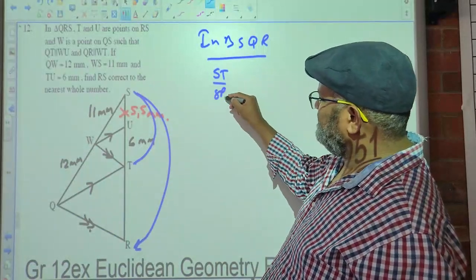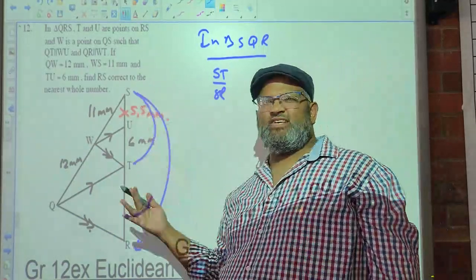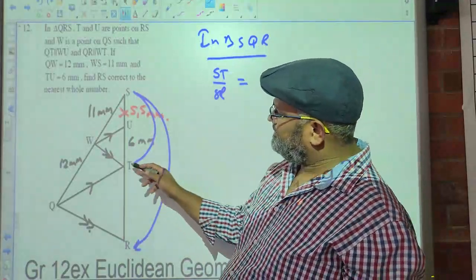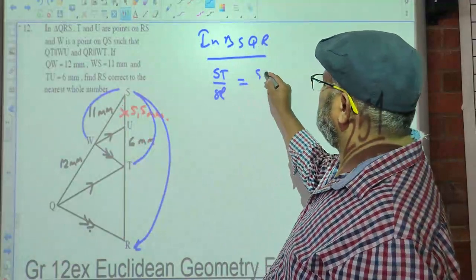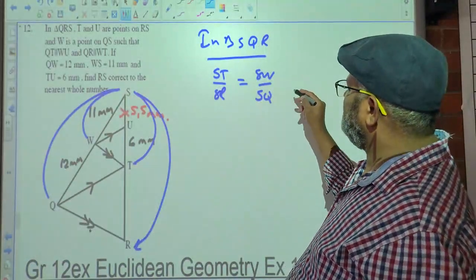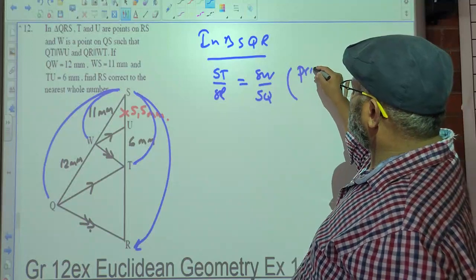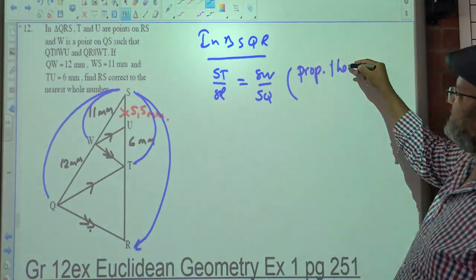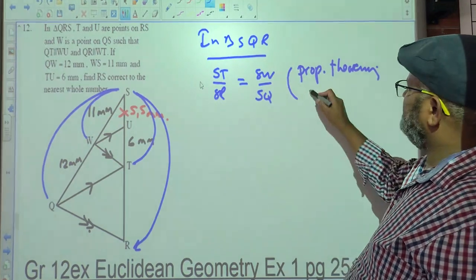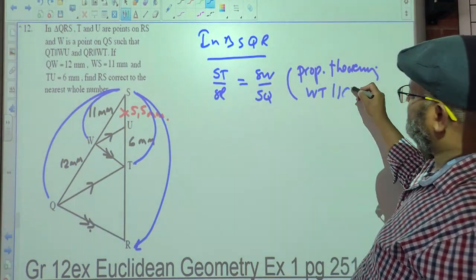ST over SR, or I could have said SR over ST, is equal to SW over SQ. Why? Because of the proportionality theorem, with WT being parallel to QR.